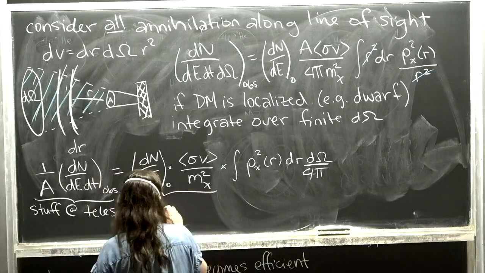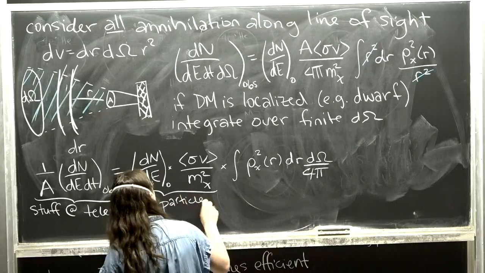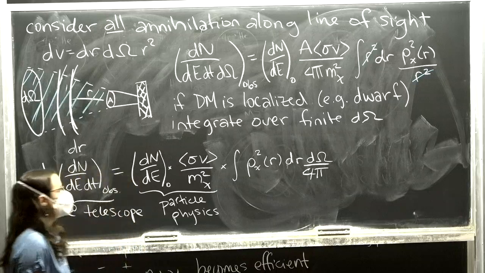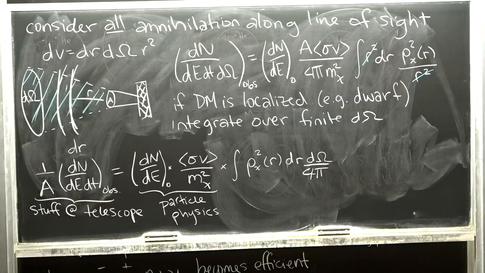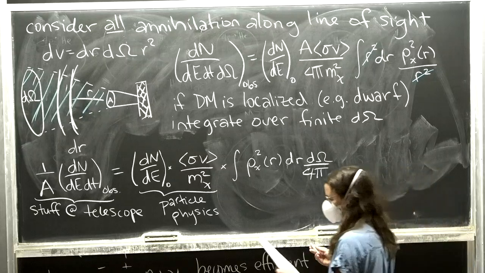This stuff right over here is where the particle physics enters, both in terms of the mass and cross-section, but also it's the particle physics that determines the intrinsic spectrum. So if you have annihilation to, I don't know, taus, that's going to look very different from annihilation into Bs, just in terms of the spectrum and the shower, the cascade that you get.